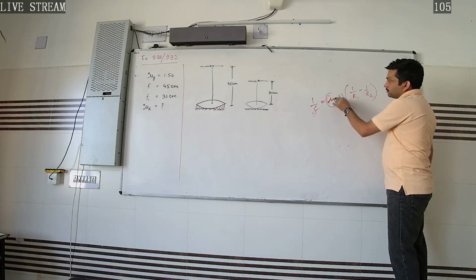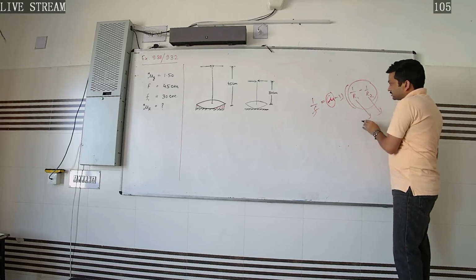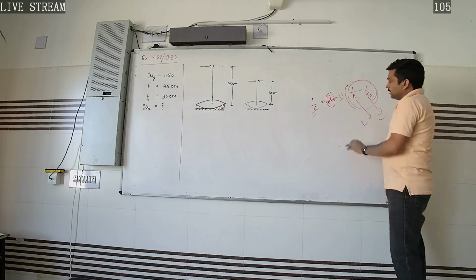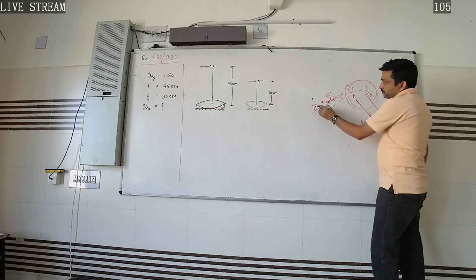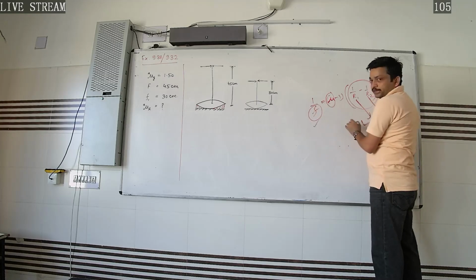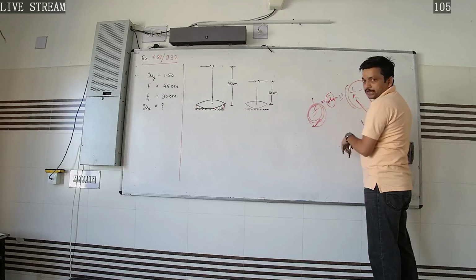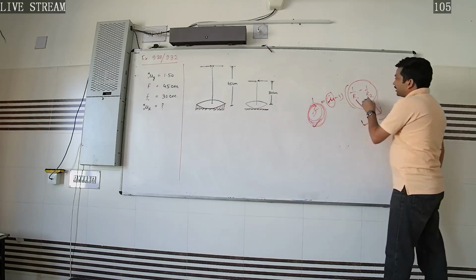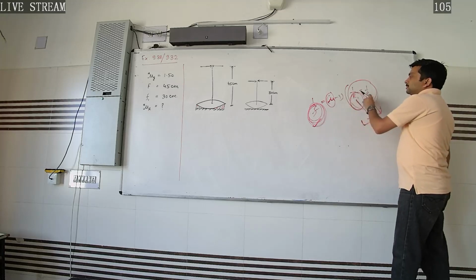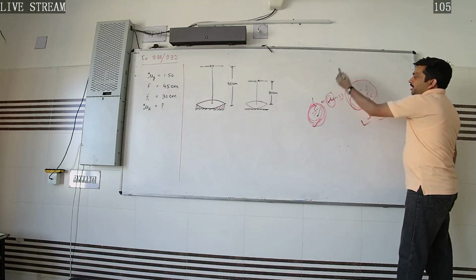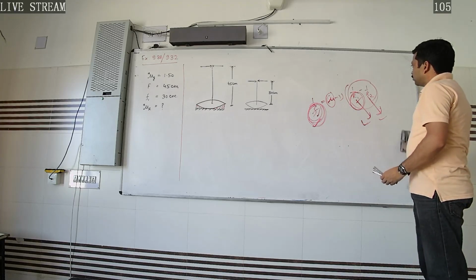First of all, I must have knowledge about R1 and R2, and then we can find the focal length. So first I have to calculate the focal length of this liquid lens. Then in the second step, I have to calculate R, and then in the third step, by putting the values of F and R, we can calculate mu. So let's start solving this.